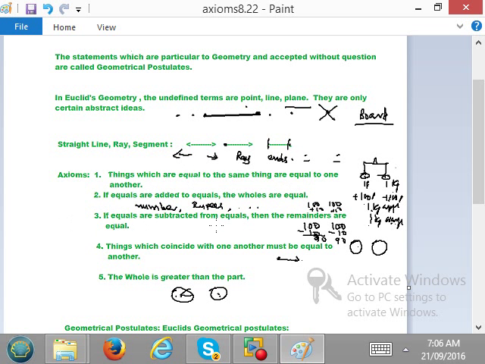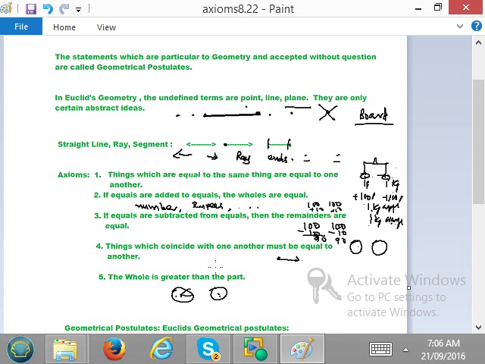Second, if equals are added to equals, equal means both are balancing, you have to remember, then the wholes are equal. Third, if we subtract on both sides, even then the remainders are equal. Whatever is left out, they are equal.